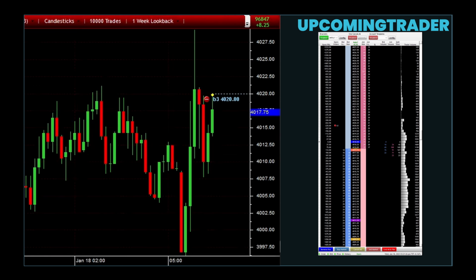Let us talk about breakouts. Breakouts happen when the price pushes through a key level, like a ceiling that has been keeping it from going higher or a floor that has kept it from going lower. When you see price break through that important level, what do you do? You look at the volume. If there is a big spike in volume, it is a good sign that the breakout is real.